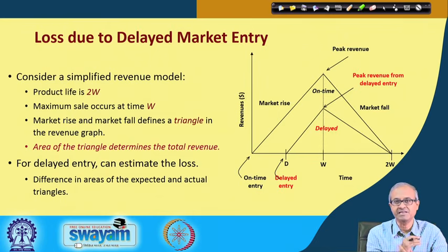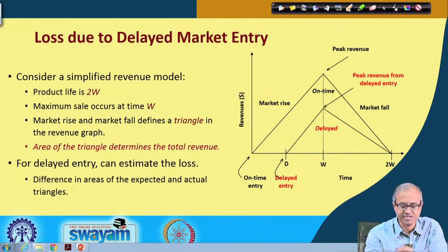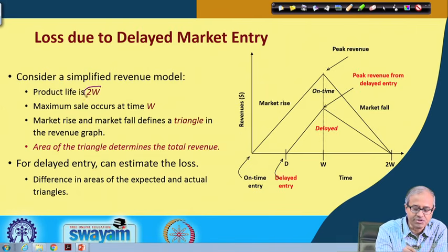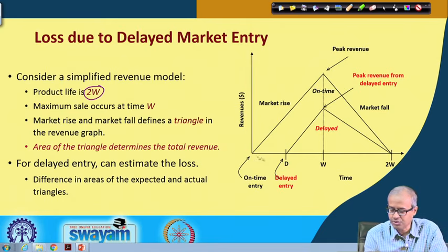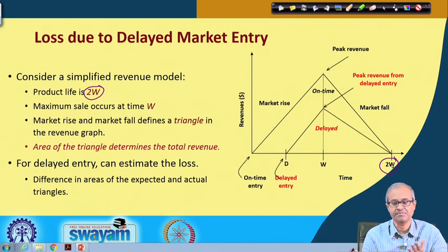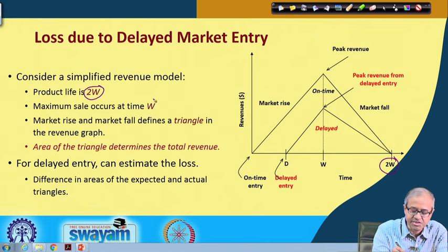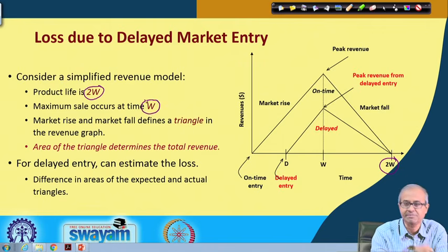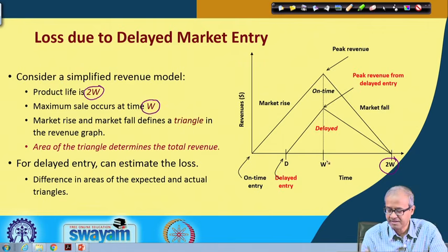You can modify it very easily to whatever is more realistic in your specific case. Here what we assume, as this graph shows, is that the product life is 2W. So, from 0 up to 2W, this is your total product life. After 2W, no one will be buying your product, and let us assume that the maximum sale occurs in the middle of it. At point W, the sale becomes maximum, that means this point.